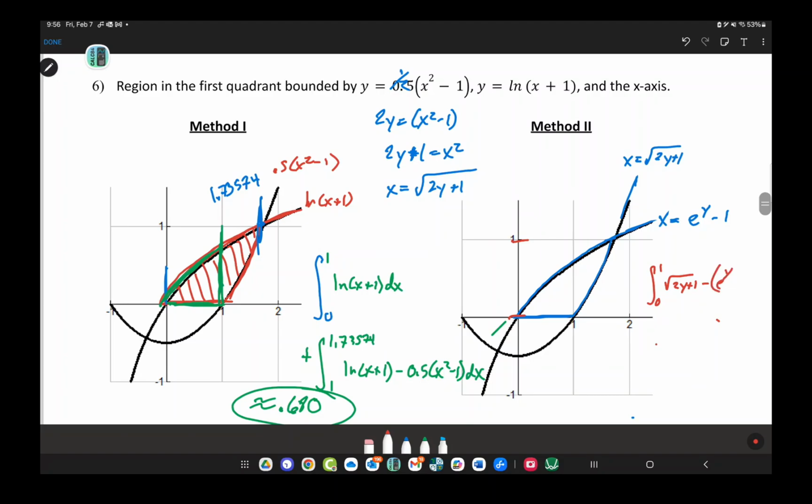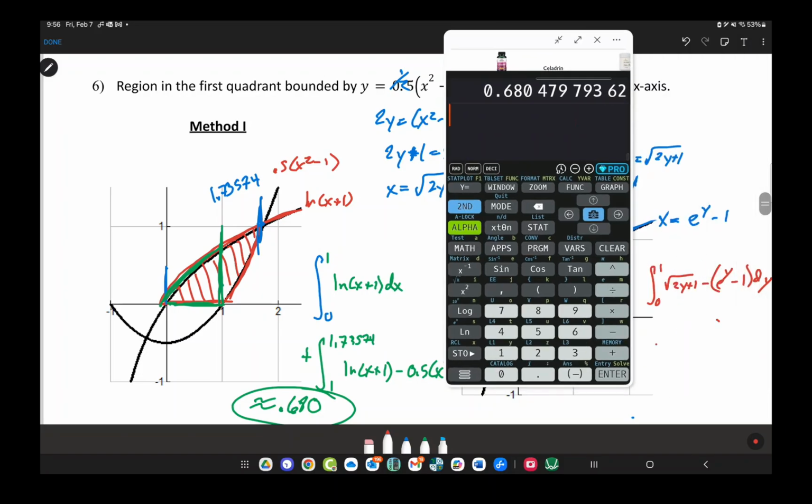Make sure you put the whole thing in parentheses. So that's only one integral. I didn't have to find any weird points for my bounds. I just had to put one function in terms of y instead of x.